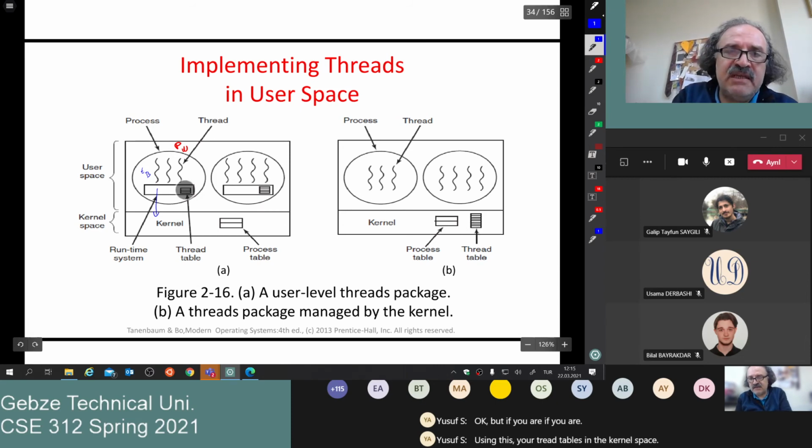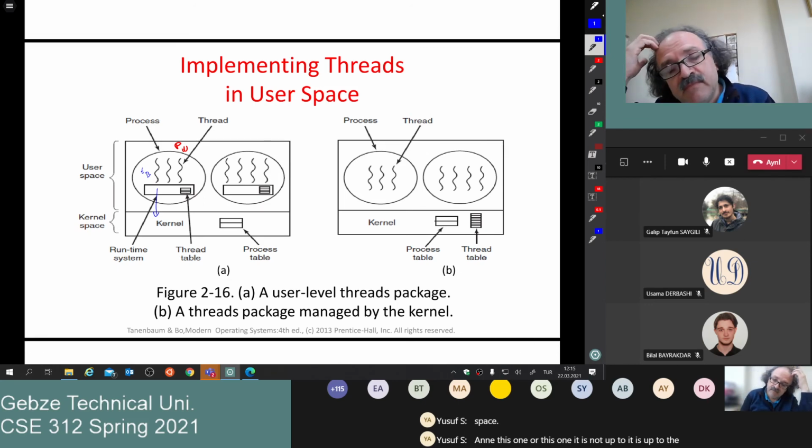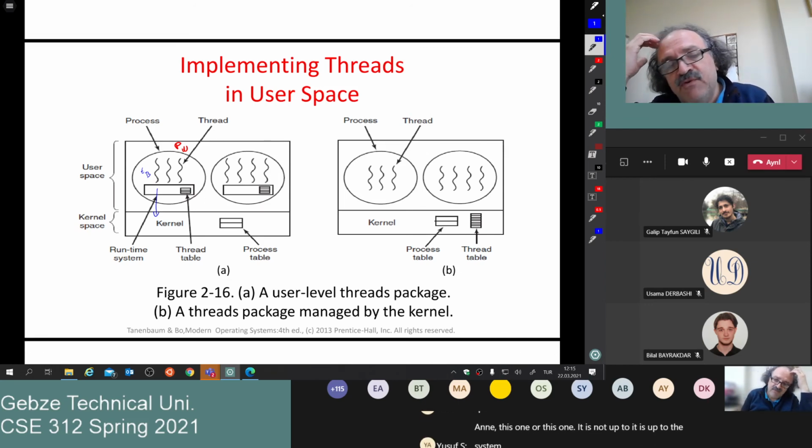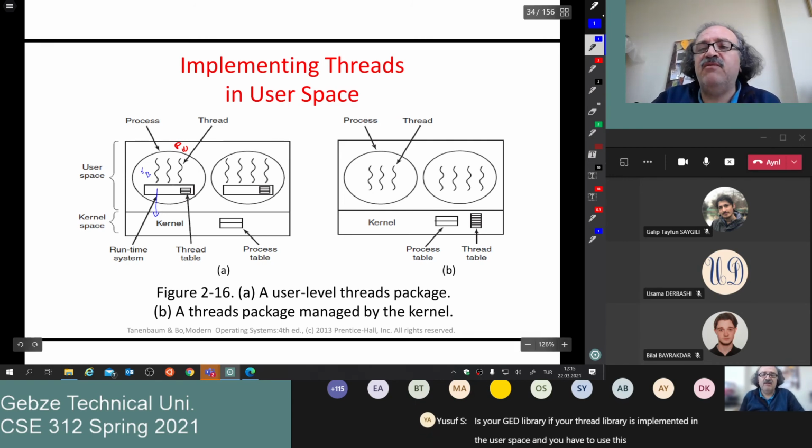So this is your thread table in the user space. This is your thread table in the kernel space. And this one or this one, it is not up to you, it is up to the system. It is your thread library. If your thread library is implemented in the user space, then you have to use this. If your thread library is implemented by the kernel, then your thread table is like this.